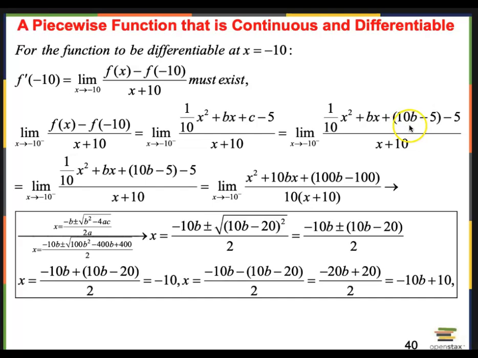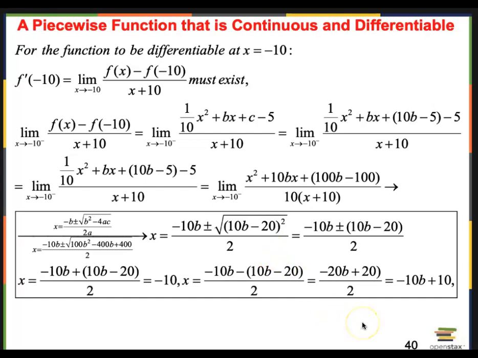And remember from the previous slide, we had c equals 10b minus 5, so that's where that comes from. And we have to simplify this. We use the quadratic formula.